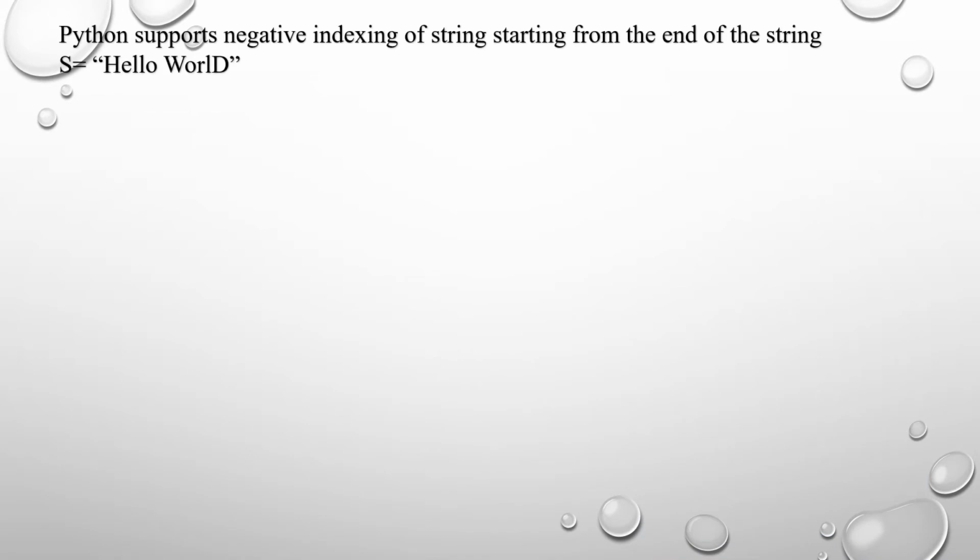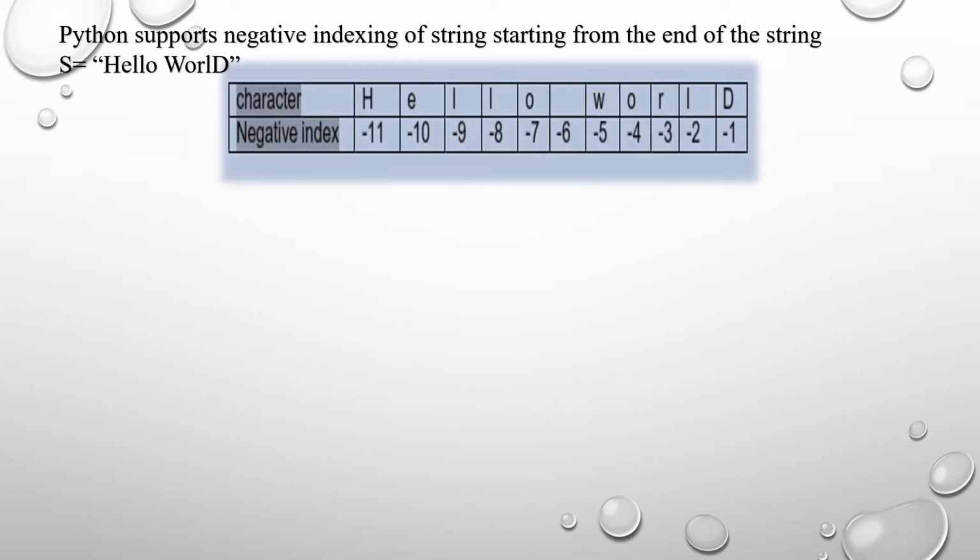Python supports negative indexing of a string, starting from the end of the string. For example, take s is equal to "hello world". Hello world is the string. The characters are H, E, L, L, O, space, W, O, R, L and D. Here in negative indexing, the last character starts with -1.